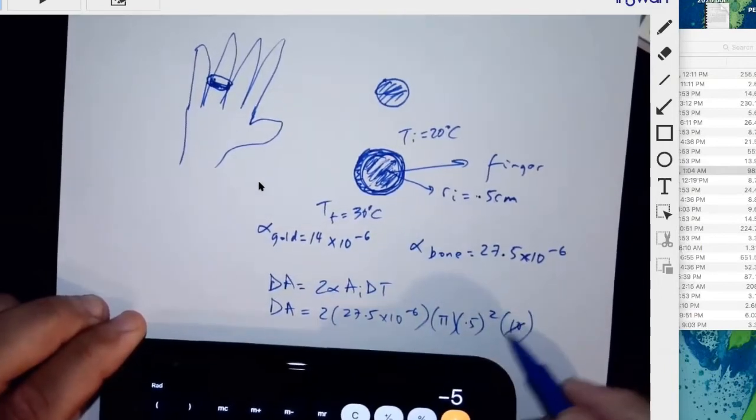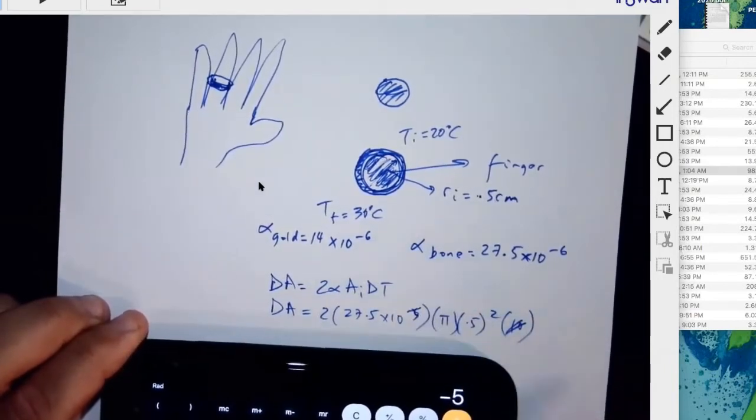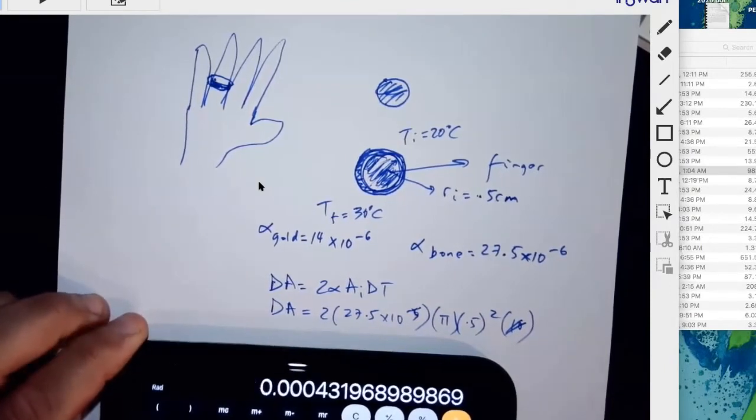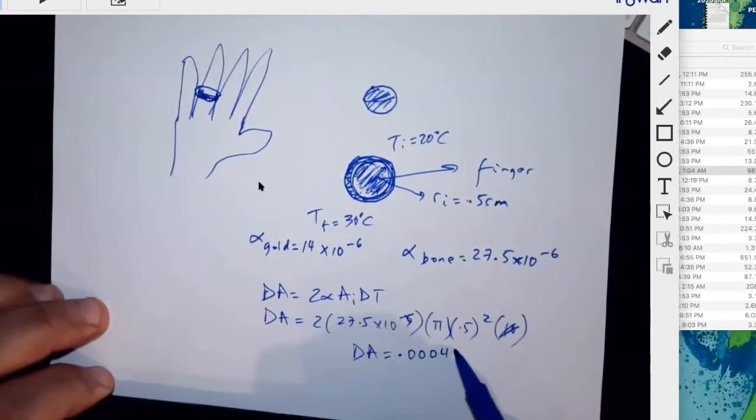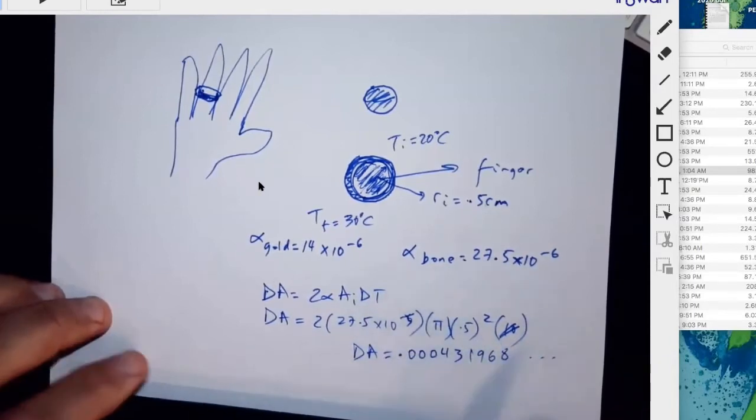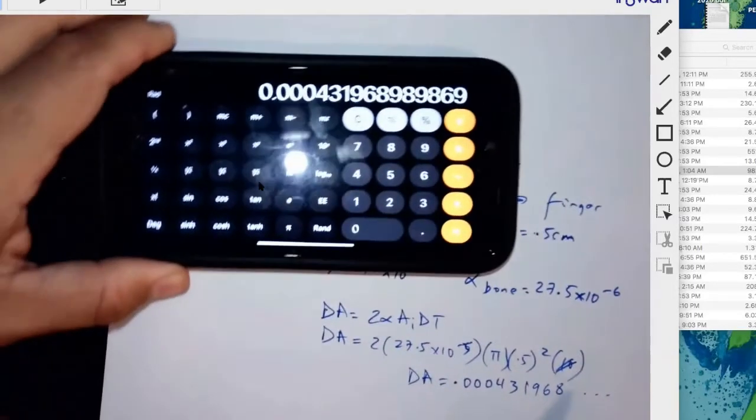So this one multiplies by this and makes it 10 to the minus 5. Delta A equals 0.000431968, and so on. So I get this big long number.